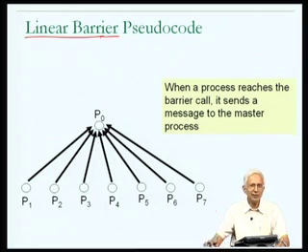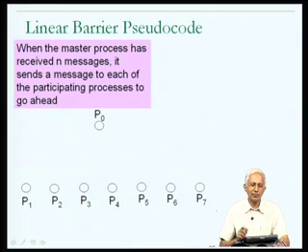What should be happening within the master process? When it has received a message from each of the n processes participating in the barrier, in this case n equal to 7, it proceeds to send a message to each of those processes in return.